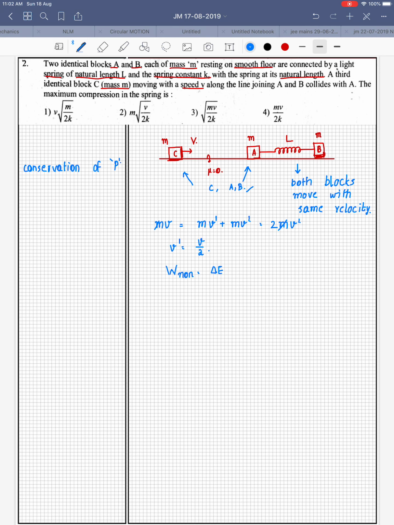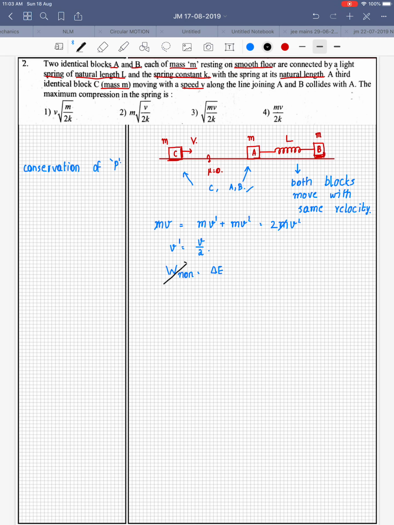When C is in contact with A, you have a normal reaction, but because we are taking them as a single system, the work done by that will be 0, because that particular force acts for a very short time and it has no displacement. The force does not create any displacement, so the work done by that force is also 0.